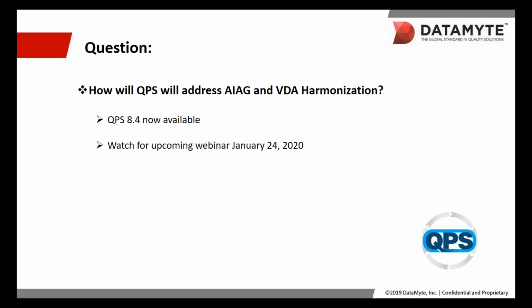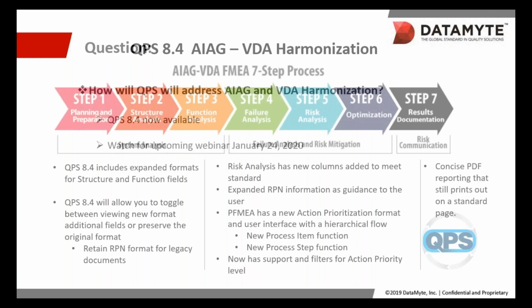So many of you have been waiting several years, not for necessarily us to release this, but for the AIAG to have that standard released. And they have now released it, and we have taken that standard and rolled that into our software, and we now have that available with our version 8.4. And like I mentioned, a webinar coming up in the end of January for that. So stay tuned for more information on that.